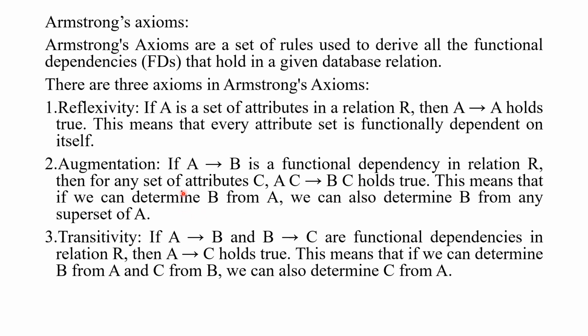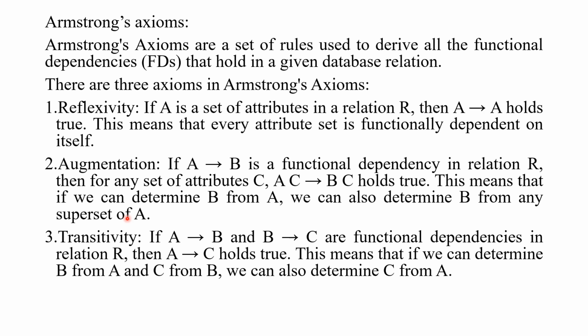This means if we can determine B from A, we can also determine B from any superset of A. For example, if student ID determines student name, then it also implies student ID, course code determines student name and course code.